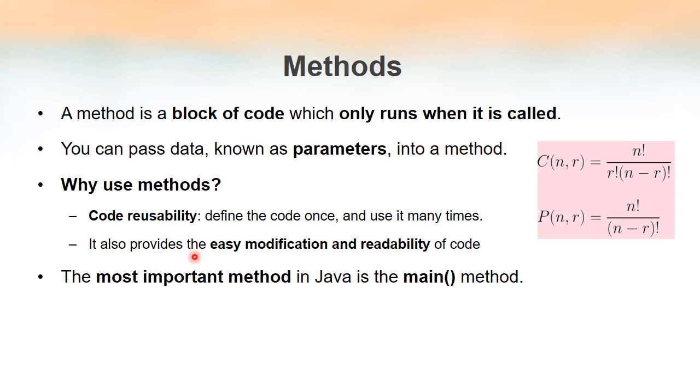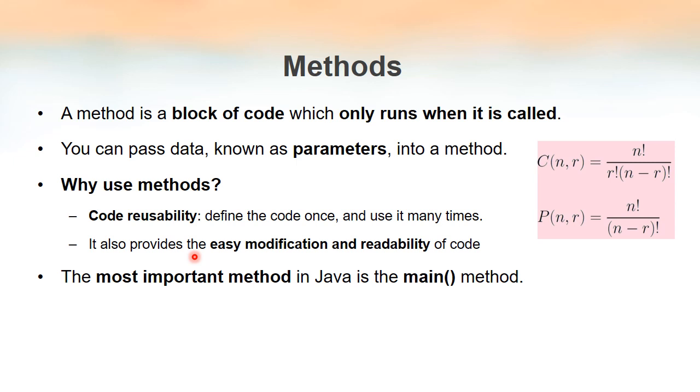Think of it like this. Suppose we are going to develop a software. If we write all the lines of code in the single main method, or main function in C programming, there is only one function or method in our program. So if an error occurs, it will be really difficult to find out where that error is and what it is.